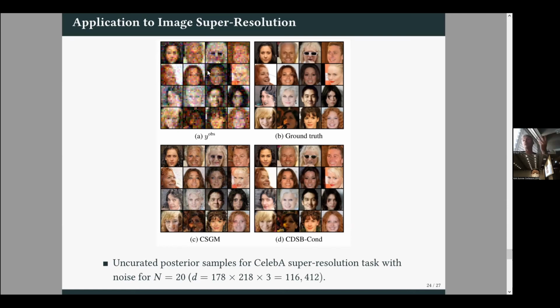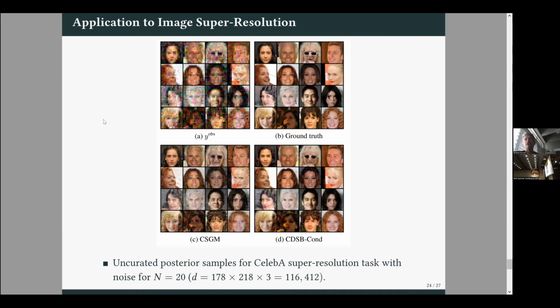And what I'm interested in is obtaining potential samples of the original image given this corrupted observation. You can do that using a conditional version of a denoising diffusion model, or we did it also with this conditional version of the Schrodinger bridge, which turned out to provide much better results in terms of FID and things like that.